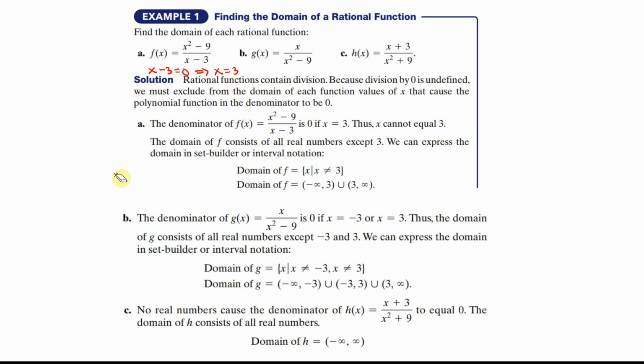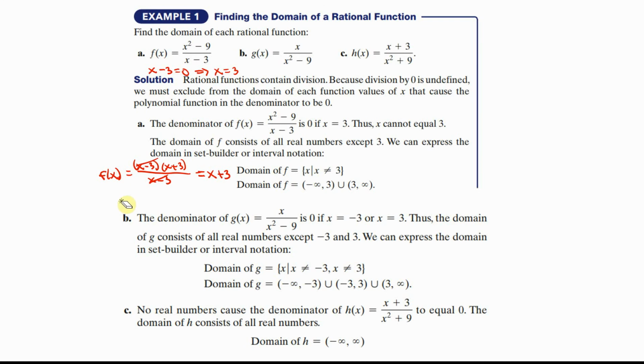But for f of x to really be exact with how we do that, you need to factor that numerator if you can, of which we can. That's divided by x minus 3. Notice the x minus 3's cancel out, and so all we have here is this line, x plus 3.